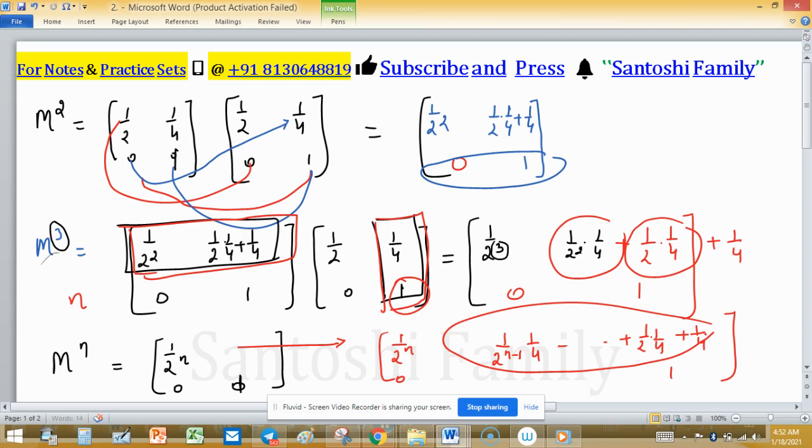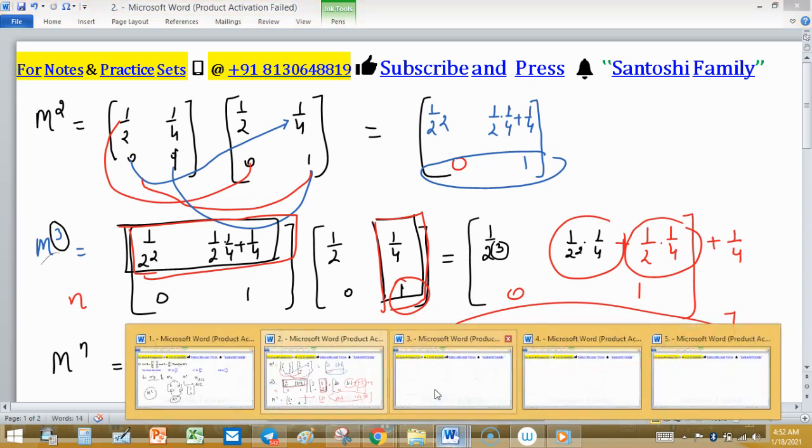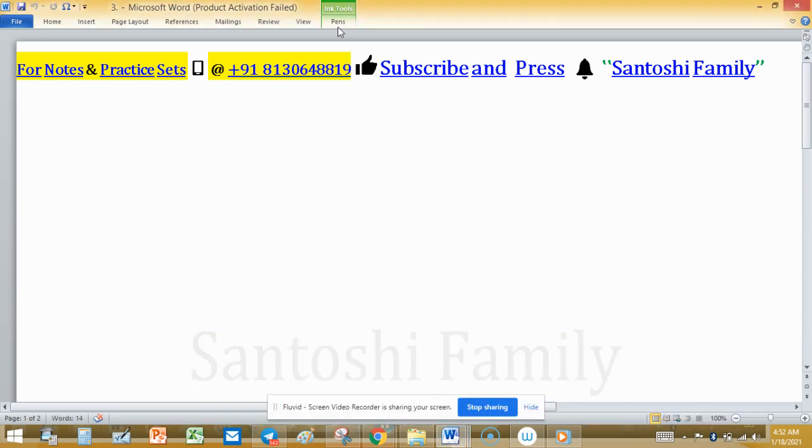So the second entry is 1 upon 4 into 1, 1 upon 2 into 1 upon 4, 1 upon 2 square into 1 upon 4. So we need to only generalize this element.